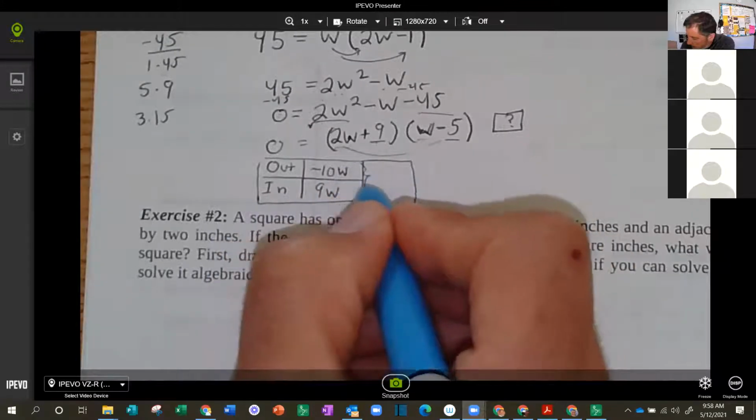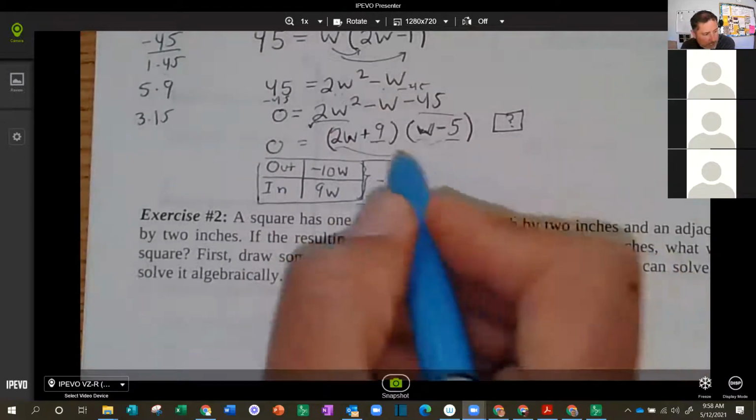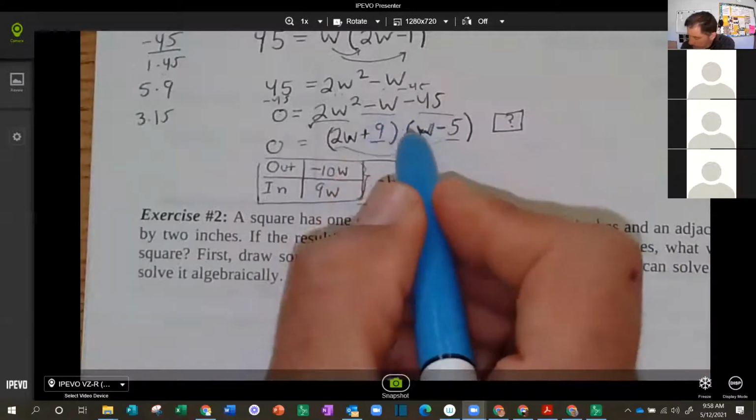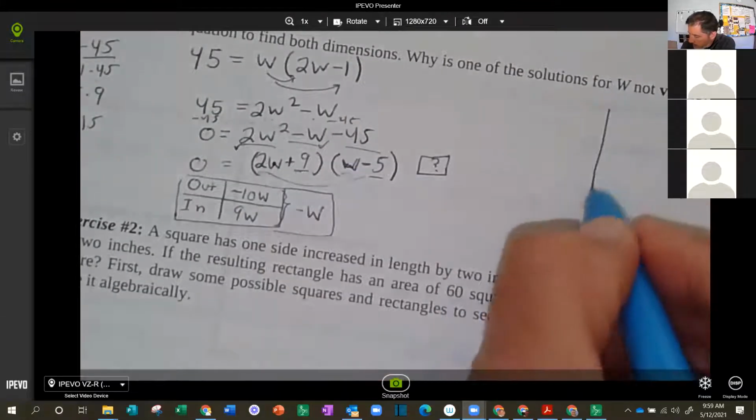And if you add these 2, you'll get negative w. And do you see how that is our middle term? Check.